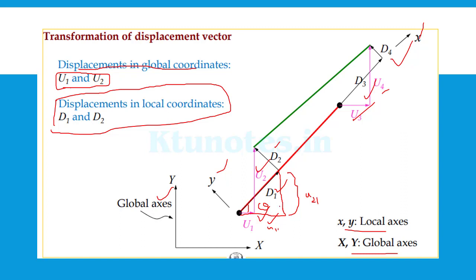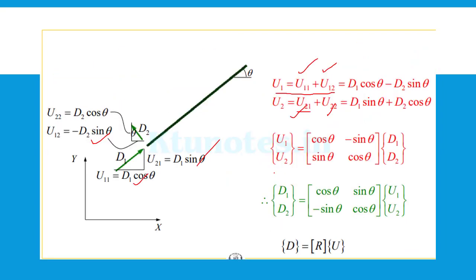Similarly, you want to find u22 as well as u at 1 due to 2, so it will be u12 also. To find that one, you should solve for this triangle also to get the values as d2 cos theta and minus d2 sin theta.